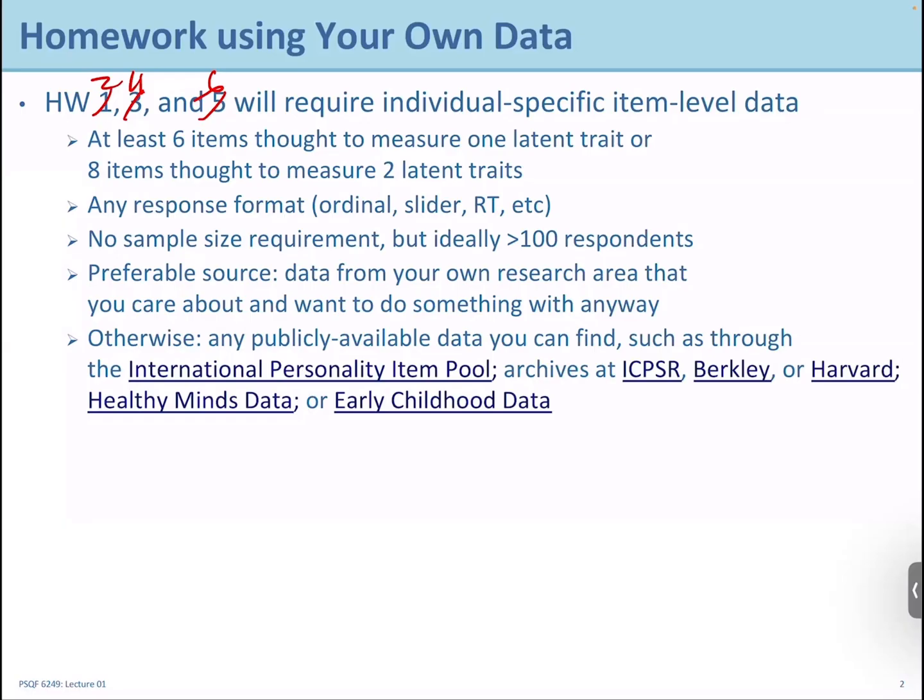So you would ideally have survey items or questions on an educational exam, with at least 6 items thought to measure 1 latent trait, or at least 8 items thought to measure 2. The numbers are based on how often we see small numbers of items trying to measure things. The smaller the number of items, the harder it is to have precise measurement of a construct that you're not observing directly.